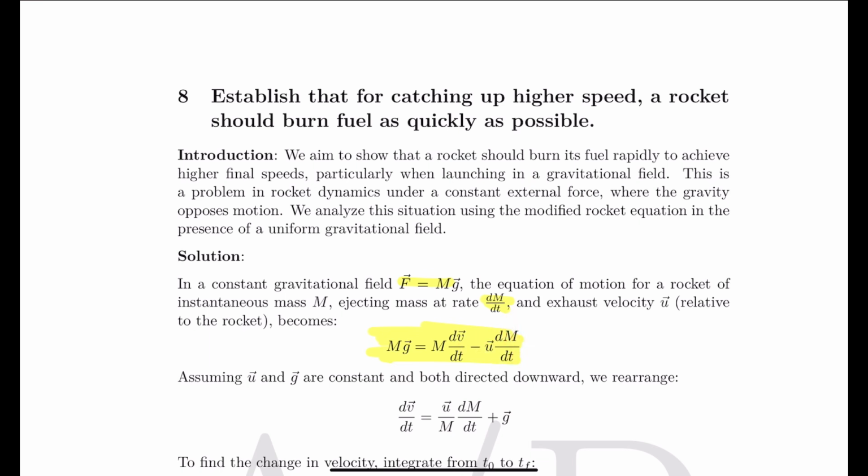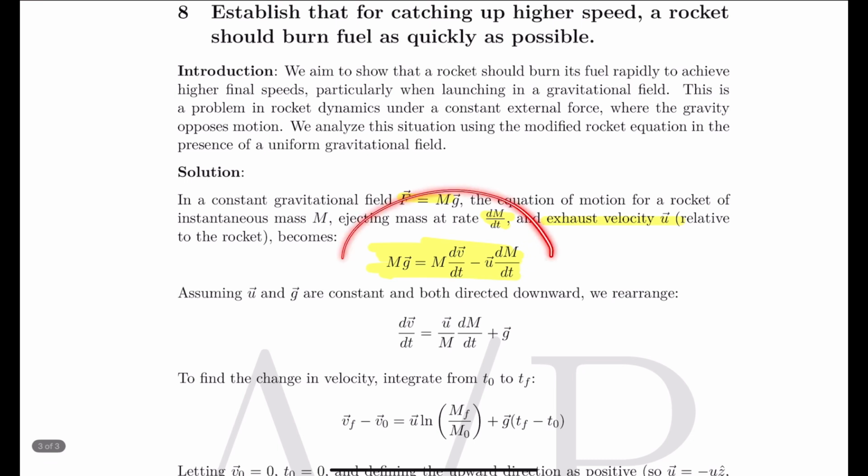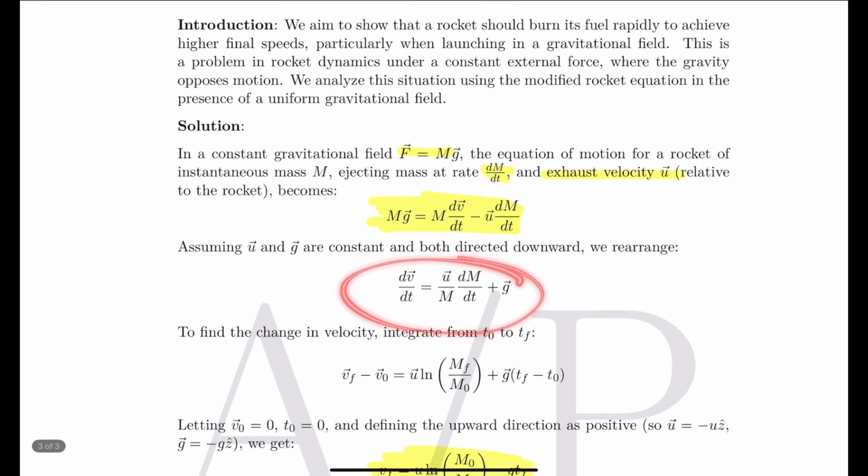Here u is the exhaust velocity, relative to the rocket. When we assume that u and g are constant and both are directed downward, because the rocket is going upward, then u will be downward because it is the velocity of the exhaust, and gravity is obviously downward. So this is going to be our equation.